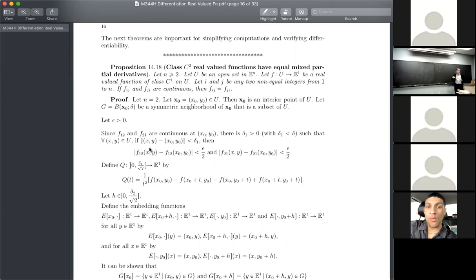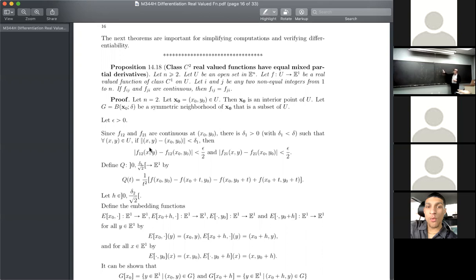Now, what would class C2 be? It would be not only are all these things continuous, but in addition, all of the partial derivatives where you take the derivative of the derivatives, and this actually comes out to be lots of things, depending on how many variables go on here, all of these are also continuous functions.